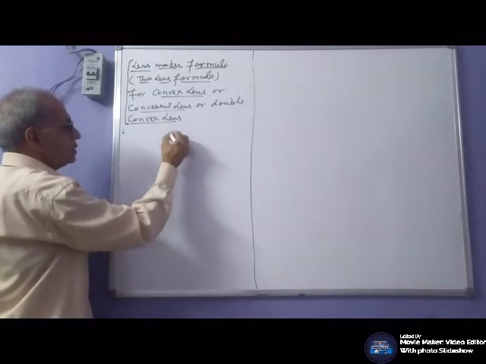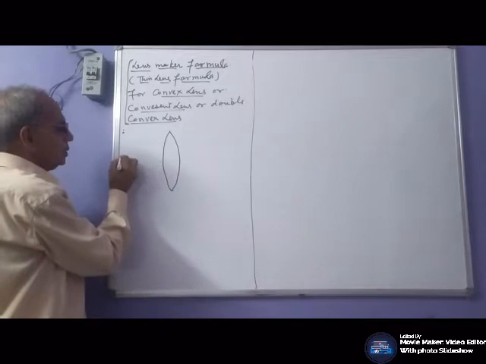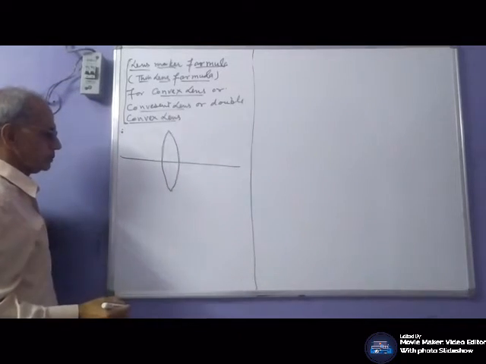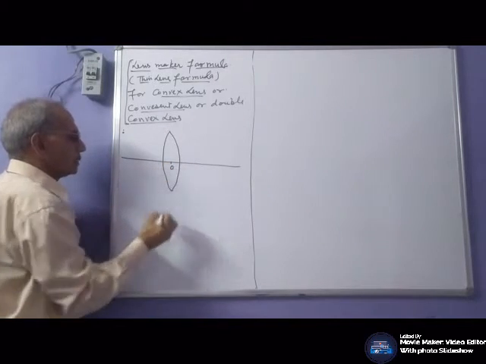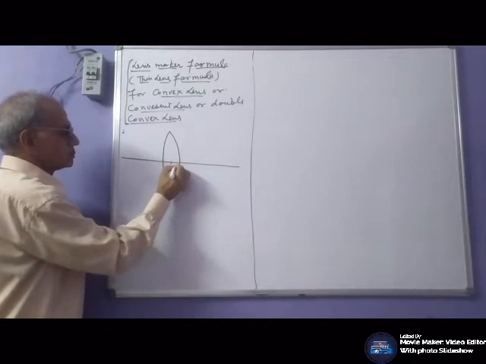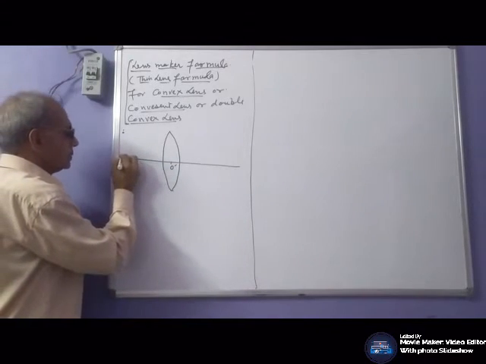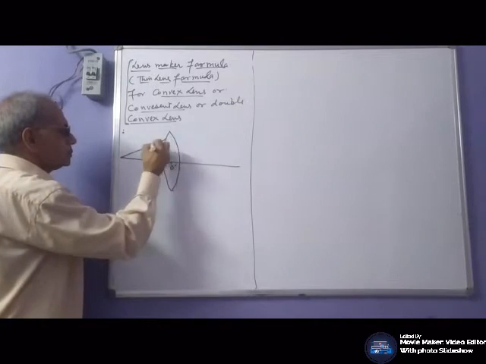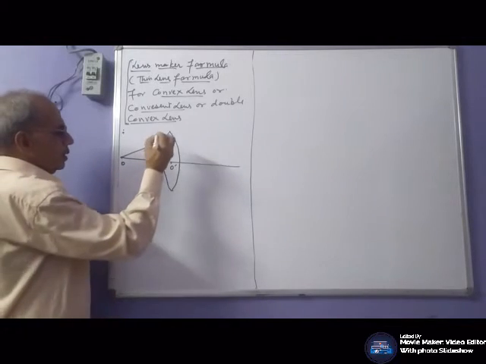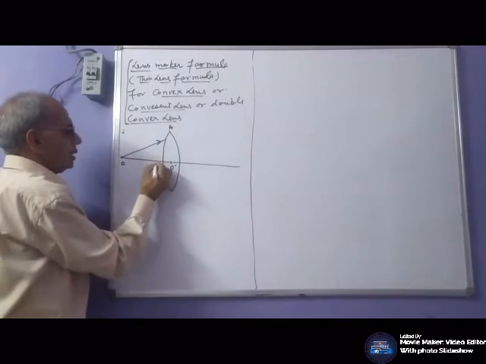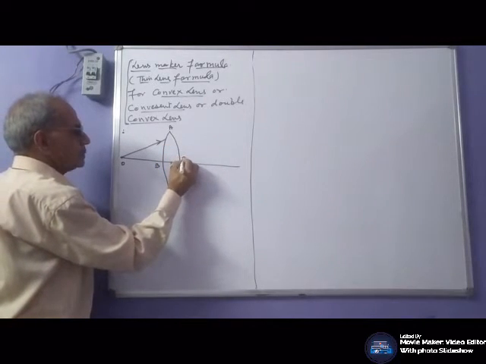A very thin lens. This is the principal axis. This is the optical center. This is the object. It is ABD, AED.